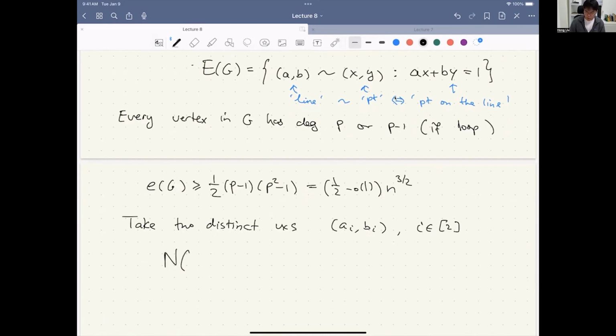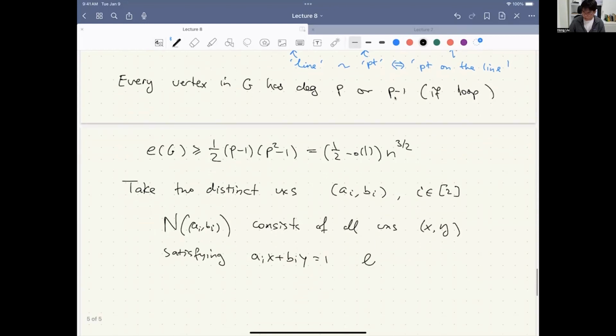What's the neighborhood N(A_i, B_i) of this vertex? It consists of all vertices (X, Y) satisfying A_i X plus B_i Y equal to 1, which is a line in F_p squared.